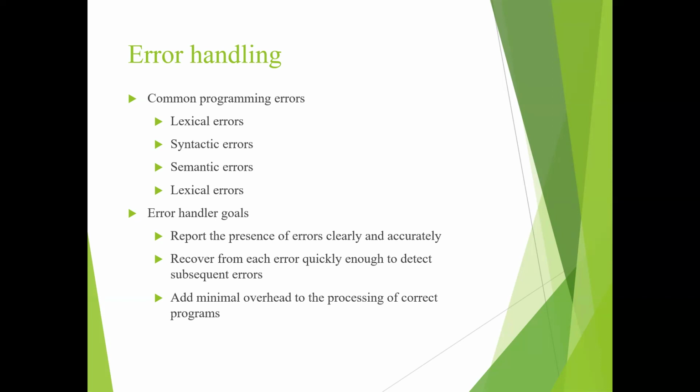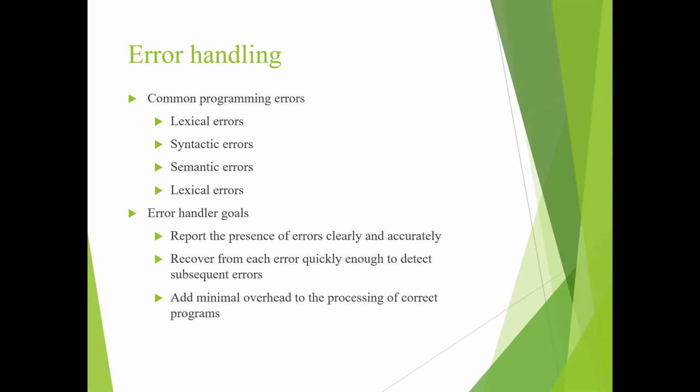These goals are to report the presence of errors clearly and accurately, recover from each error quickly enough to detect subsequent errors, and add minimal overhead to the processing of correct programs.